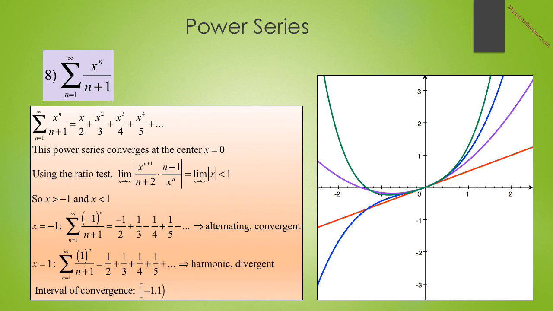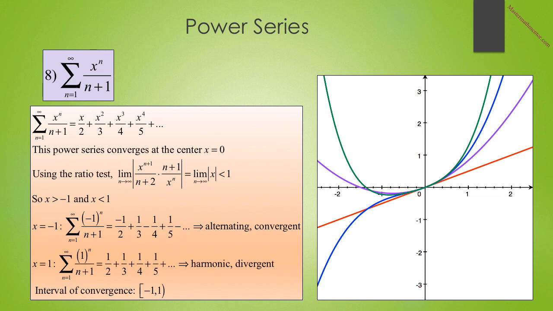This is borne out by the graph. We examine polynomials containing just the first term in red, the first 2 terms in purple, the first 3 terms in blue, and the first 4 terms of the series in green. All of them diverge outside x equal to 1 and x equal to negative 1.